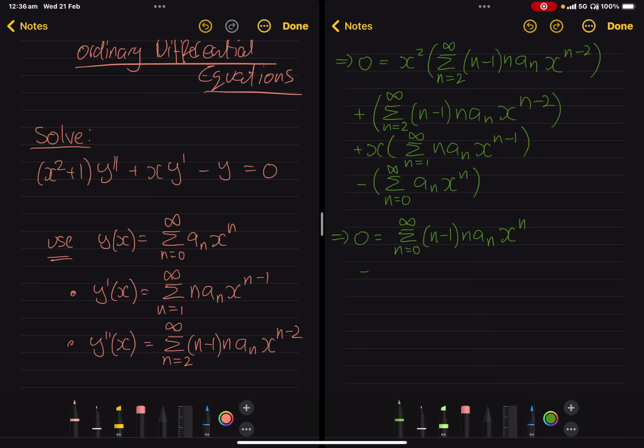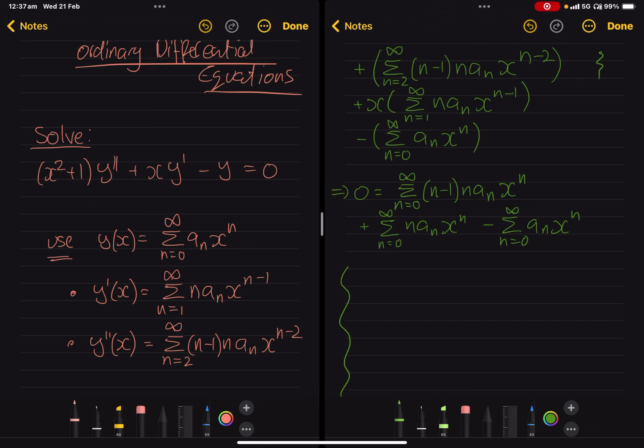So we've got plus x times x to the n minus 1, which is x to the n, and we can make this start from 0 because there's an n multiple in there. So plus the sum from n equals 0 to infinity of n times a_n times x to the n. And then we have minus the sum from n equals 0 to infinity of a_n times x to the n. Now we need to shift this term here.